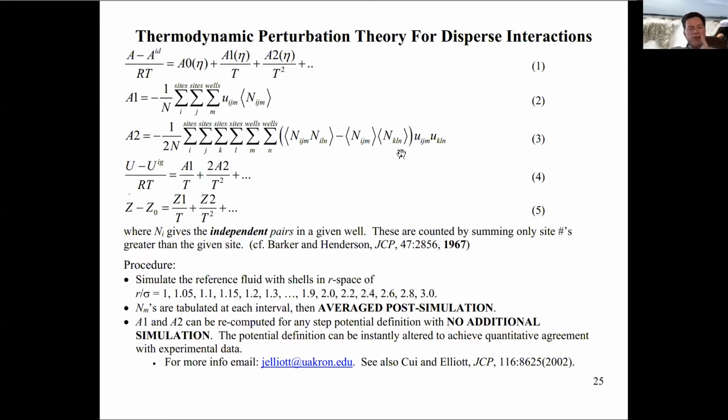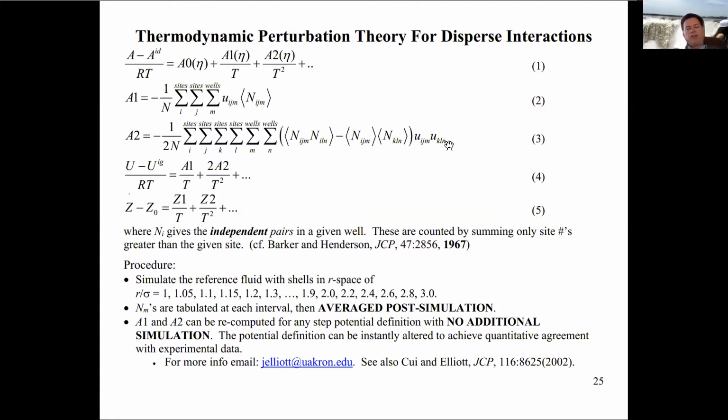Here's the really interesting thing. I don't know if you noticed, these U values are outside of those summations. So I could compile all of these numbers of fluctuations in one place and have my steps, the depths of the steps, in a different place. And then whenever I want to compute an equation of state, I say, hey, let's try this series of steps. Let's make it a little steeper. Let's make it a little shallower.